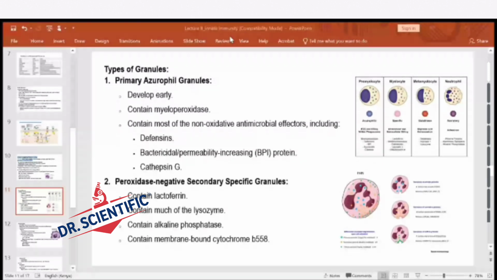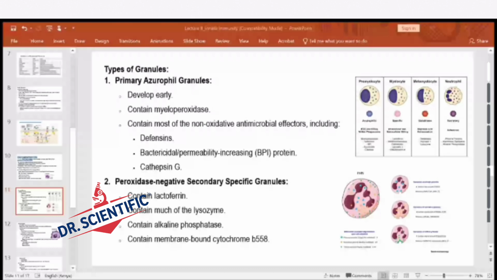So for instance, cathepsin G is a serine protease, and this serine protease would cleave bacteria cell walls. We also have cathepsin A, I think it's a serine protease. Cathepsin K is a protease also, but I can't remember what.